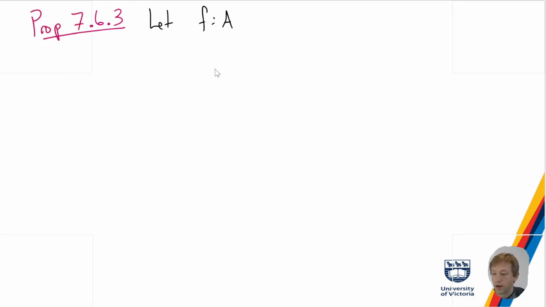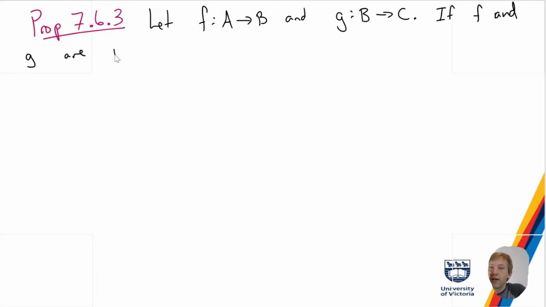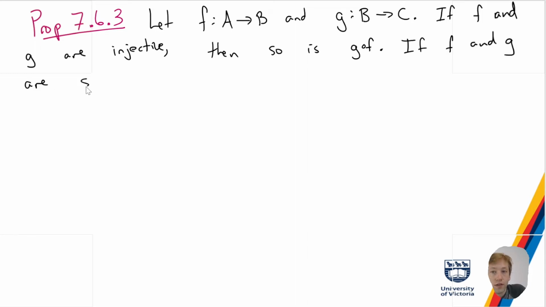So this is proposition 7.6.3. Let f be a function from A to B, and g be a function from B to C. I'm going to state this in a slightly different way than in the notes, but what I'll say is if f and g are injective, then so is the composition of f and g, and also if f and g are surjective, then so is the composition of f and g.